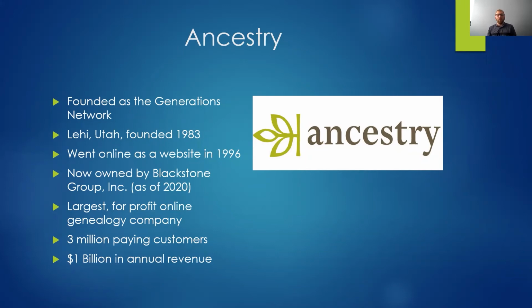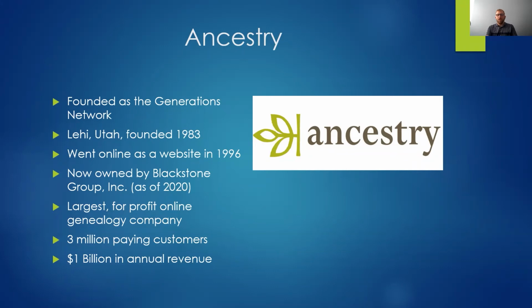They went online as a website back in 1996, and they went through some changes and acquired some more companies. Now they're owned by the Blackstone Group as of 2020. Like I said, they're the largest for-profit online genealogy company in the world. They have over $1 billion in revenue and 3 million paying customers.